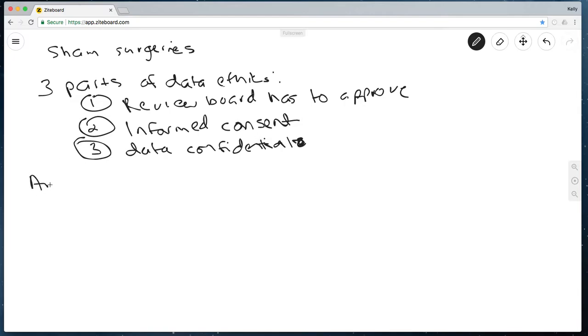You need to know the difference between anonymous and confidential. Really quick, anonymous means we don't know that you are part of the survey. Confidential means I do know you're part of the survey, but I'm not going to share it with people. Okay? It's very hard to get anonymous. We talked about surveys.